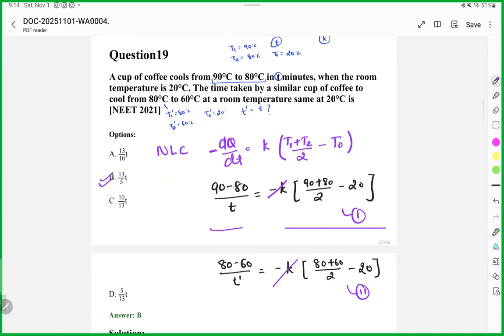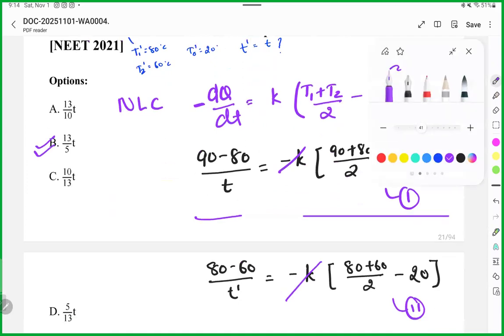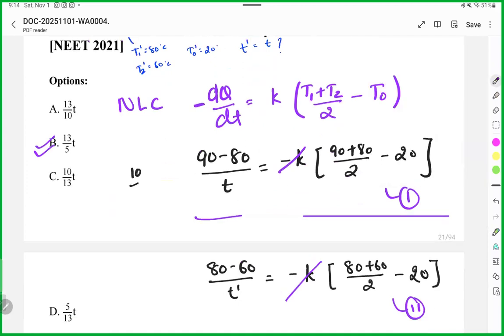Example here. The first equation: 10 by T is equal to minus K times, 90 plus 80, 170, 170 by 2, 85 minus 20, 65.